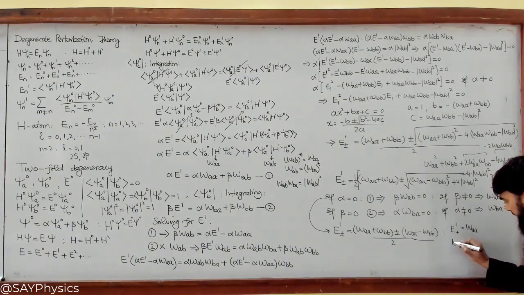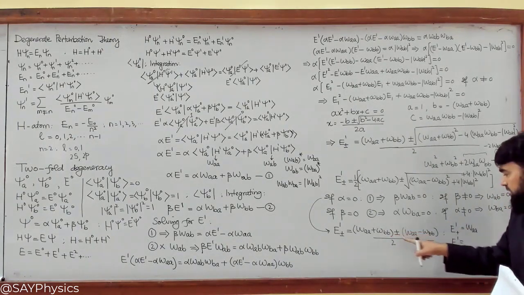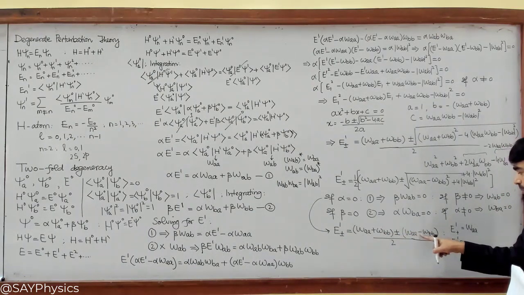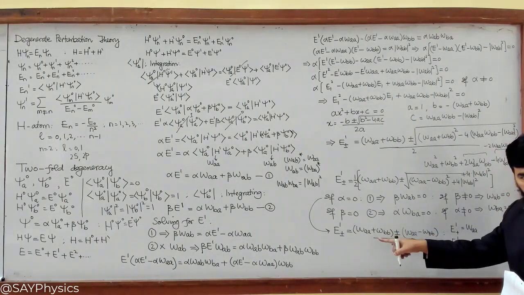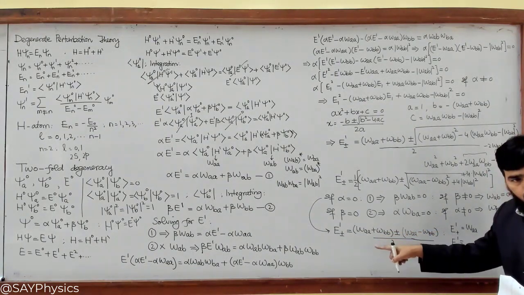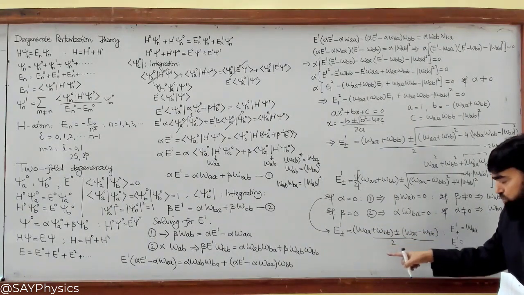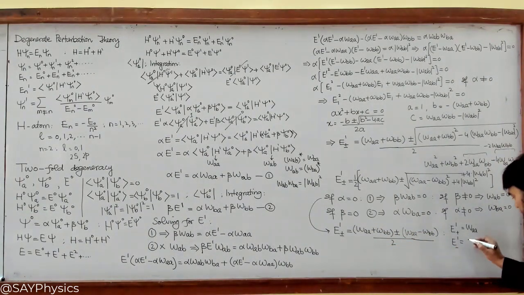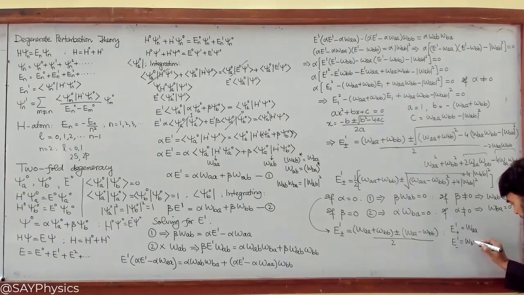And when this is minus, E minus 1, then this will be minus and this will become plus. So AA will cancel. And BB will become 2 times WBB and 2 will cancel. And you will get WBB. But what is WAA?